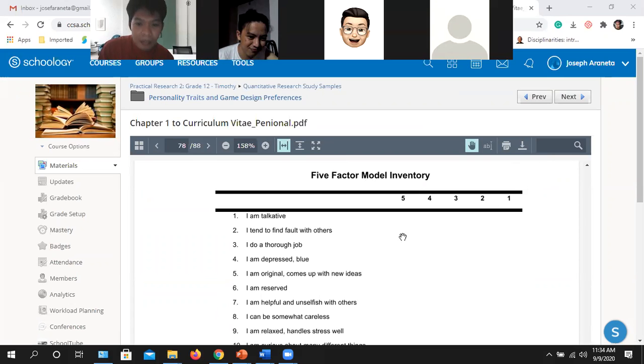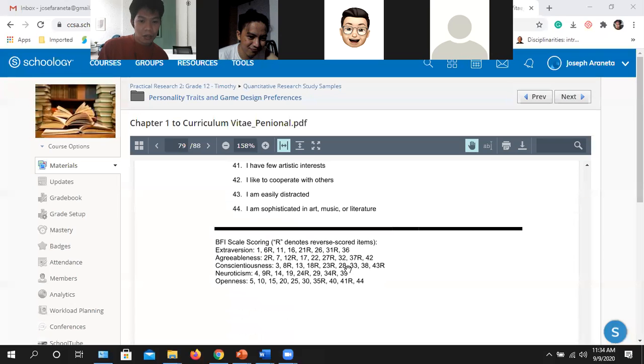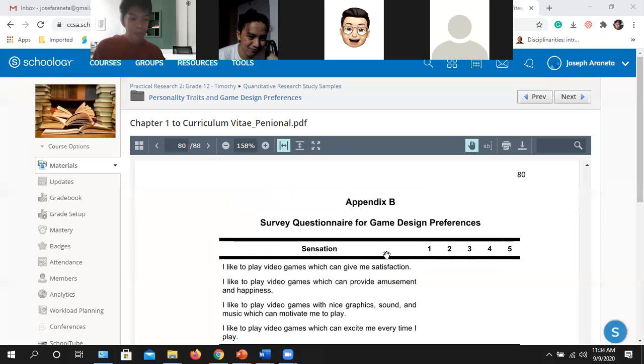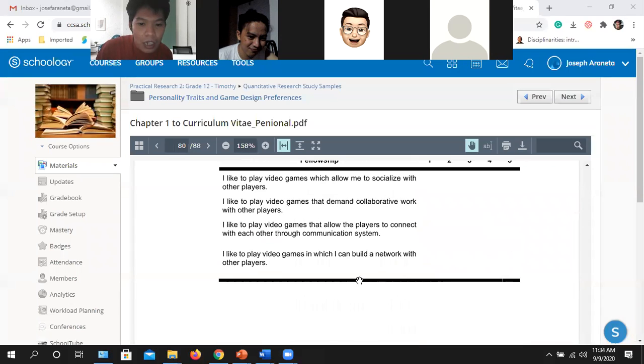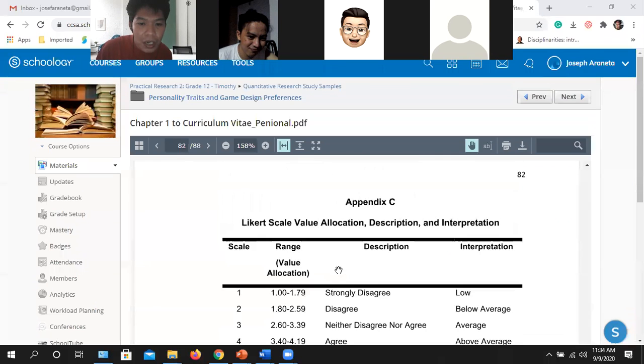Like for example, this is an adapted research instrument. This is what we made. For example: sensation, fantasy, narrative, fellowship, discovery, challenge, expression, submission.